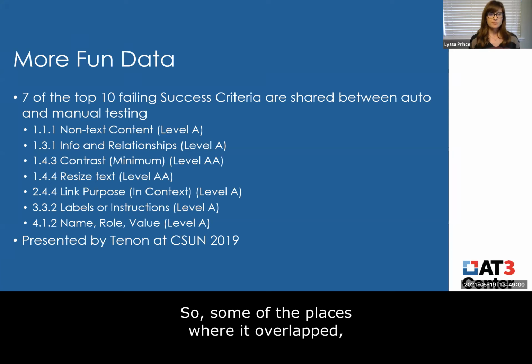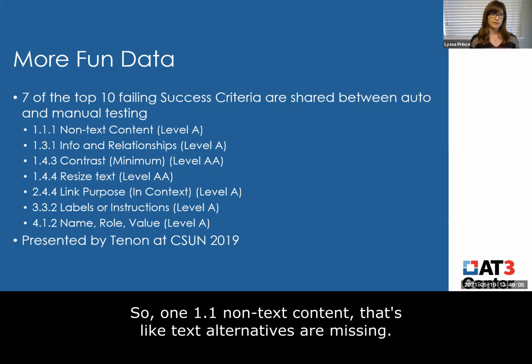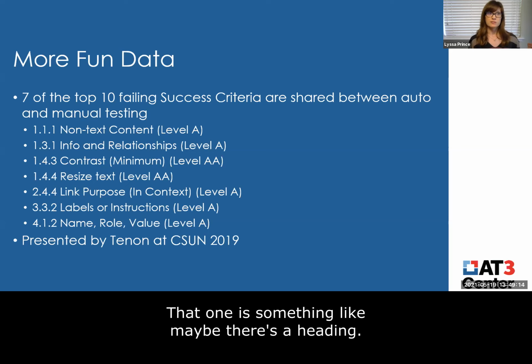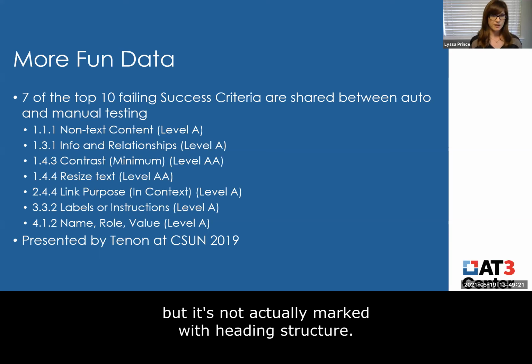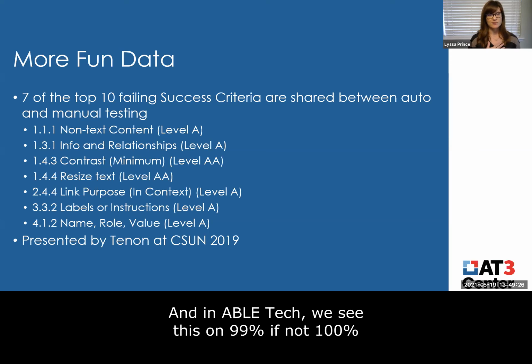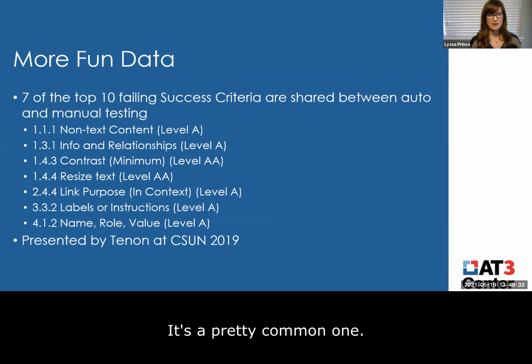So some of the places where it overlapped, just to put these in plain language for you. 1.1 non-text content, that's where text alternatives are missing. Info and relationships, 1.3.1. That one is something like a piece of text on the page that looks like a heading, but it's not actually marked with heading structure. Contrast being low at a minimum, that's another one we see. And at Able Tech, we see this on 99%, if not 100% of the sites that we test. It's a pretty common one.